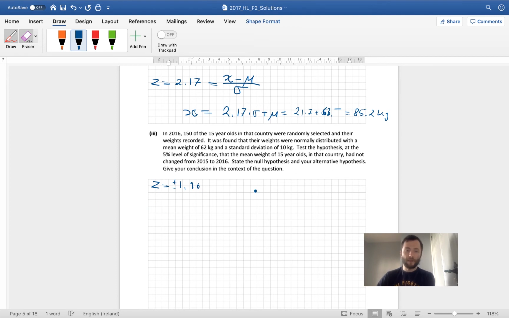So hypothesis 0, the null hypothesis, is that there is no change in weight, and the alternative hypothesis, which is the one we're testing, is that weight changed.